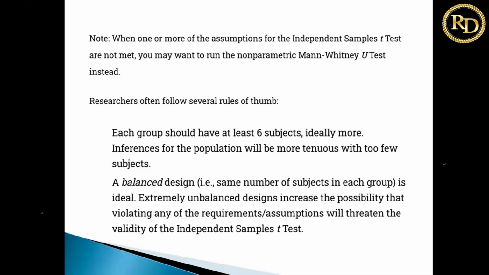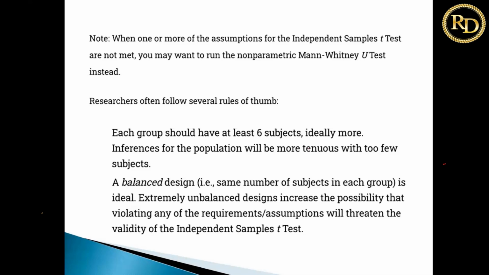So if you wish to perform the parametric test, then the observations must be greater than 6. Inferences for the population will be more tedious with too few subjects, and it is a problem to draw inferences for the population on the basis of a sample having very few observations.